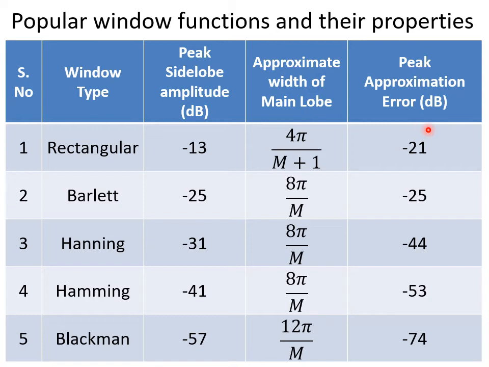But obviously it would have the least side lobe amplitude, and that would result in the least approximation error. So you can choose the window type according to the requirement given to you.